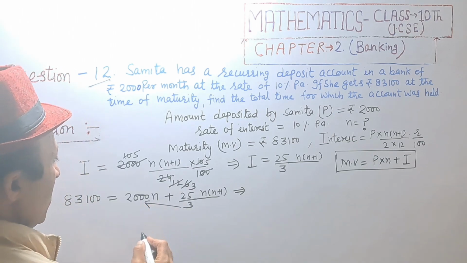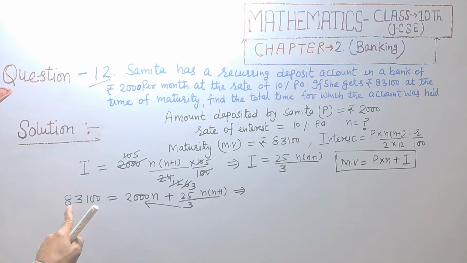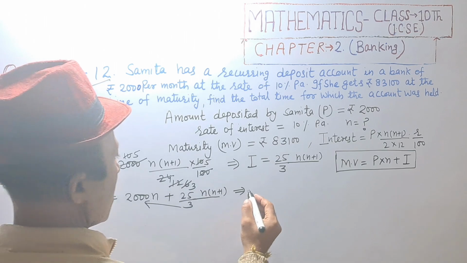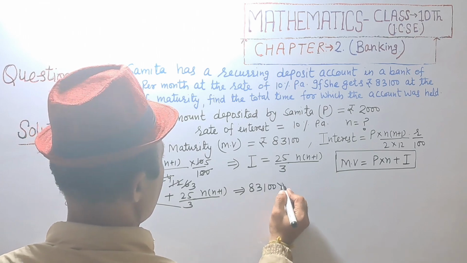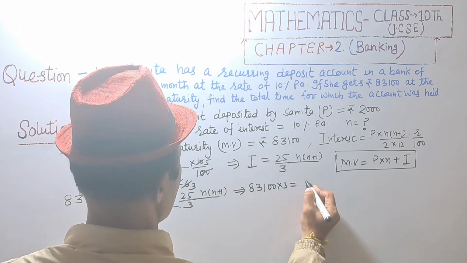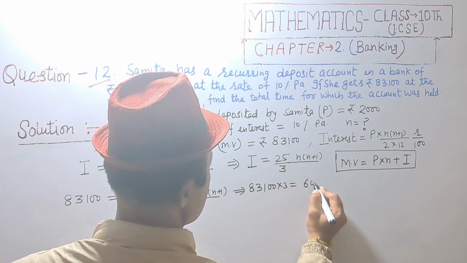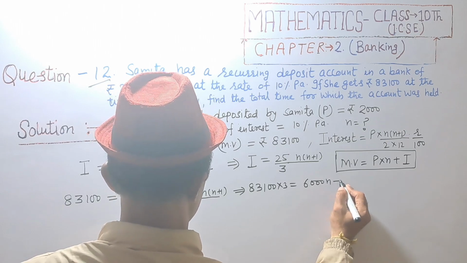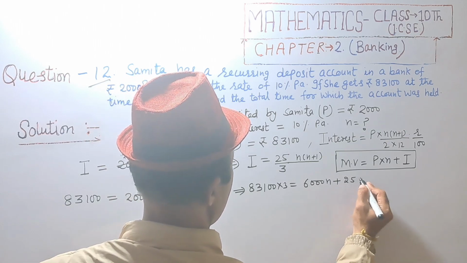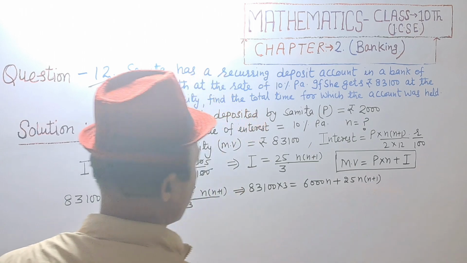Multiply by 3: 83100 multiply by 3 is equal to 3 twos are 6000 N plus 25 N into (N plus 1).